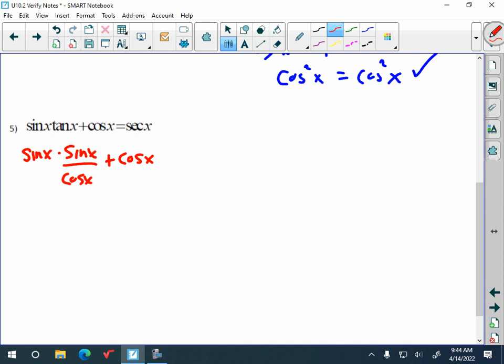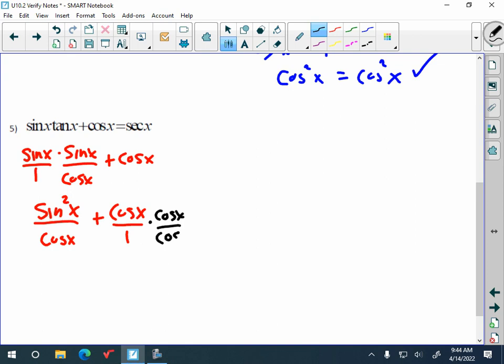Now I can multiply sine x over 1 times sine x over cosine x. That becomes sine squared x over cosine x plus cosine x over 1. Now I want to add these two fractions together, but the denominators are different. So to get them the same, I can multiply this fraction by cosine x over cosine x. Now I have sine squared x over cosine x plus cosine squared x over cosine x.